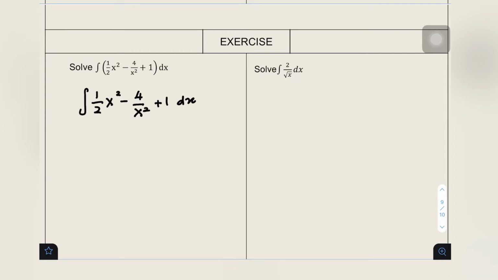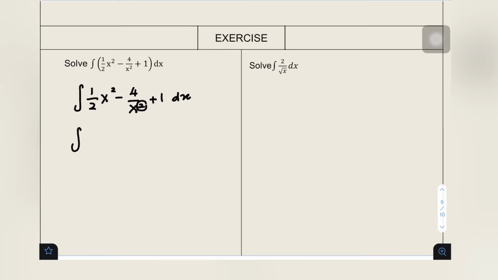Whenever we change the position of x, the sign of the power will be opposite. If the previous one is positive, when you change the position, it will be negative. Okay, so now you have to integrate 1 over 2x squared minus, we bring x squared up here, it will become 4x to the power of negative 2 because you changed the position of x, plus 1 dx.